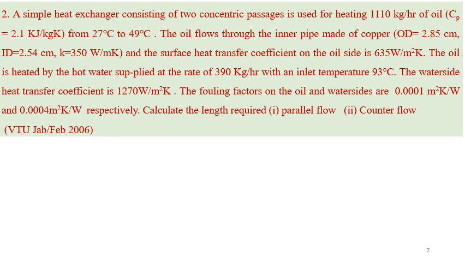The oil flows through the inner pipe made of copper. Its outer diameter OD is equal to 2.85 centimeter, inner diameter ID is equal to 2.54 centimeter, and thermal conductivity K is equal to 350 watt per meter Kelvin. That is the inner pipe, the inner tube.